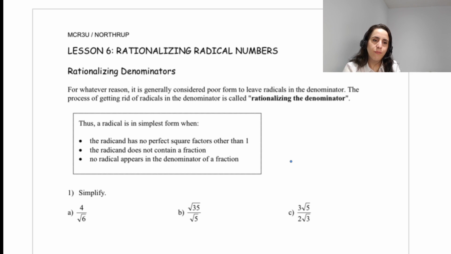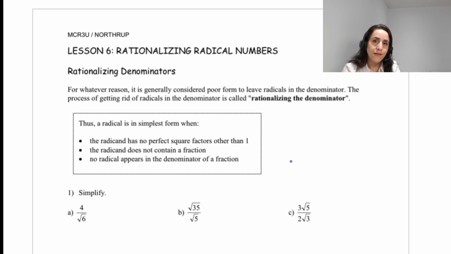Here we are talking about rationalizing the denominator. For whatever reason, it is generally considered poor form to leave a radical in a denominator. Most of the time we are trying to keep the radical in our numerator, not in the denominator. Then we are trying the process of getting rid of radicals in the denominator, and we name this rationalizing the denominator.